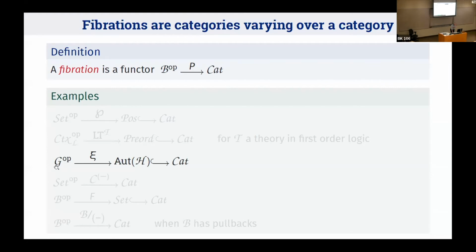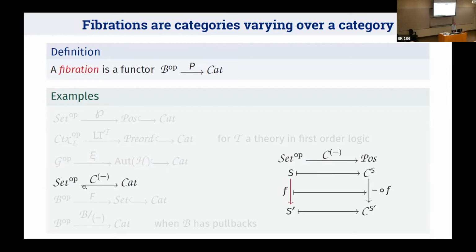Think of a group as just a category with a single object where the elements of the group are the morphisms, the arrows, and consider the category with one object, a group H, and the arrows which are just the automorphisms of H, okay? And that is because this is a subcategory of the categories. It's an example of a fibration.